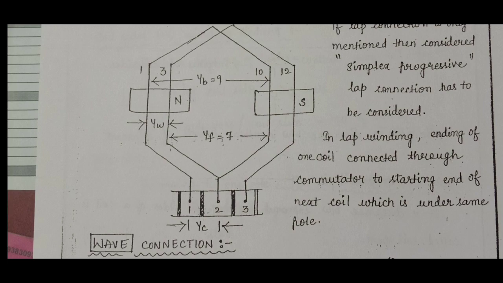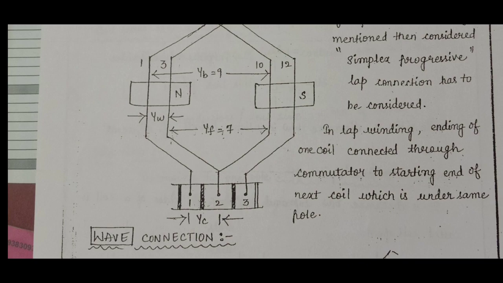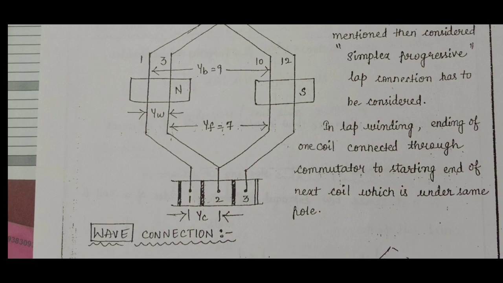Again, in a simple manner, the ending end of the first coil, which in the figure is the 10th conductor, is connected to the beginning end of the next coil.